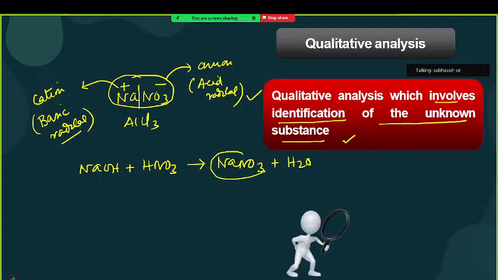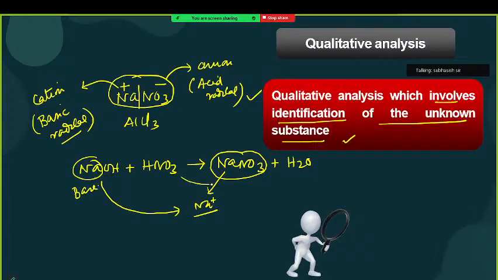Now if you analyze this salt, you see that its positive part, the sodium plus, comes from the base, sodium hydroxide. Where does the sodium come from? From sodium hydroxide.